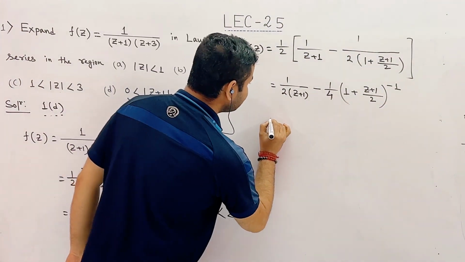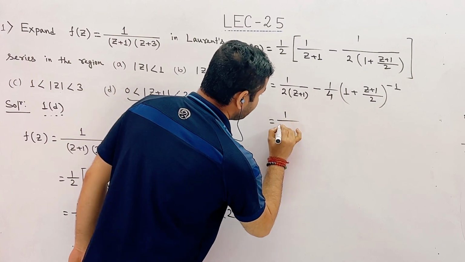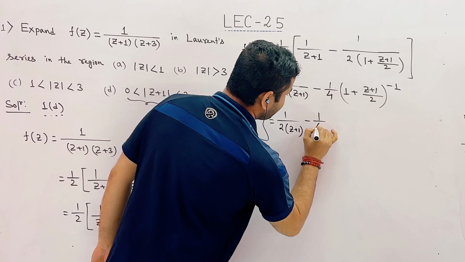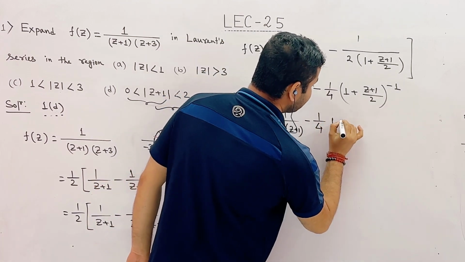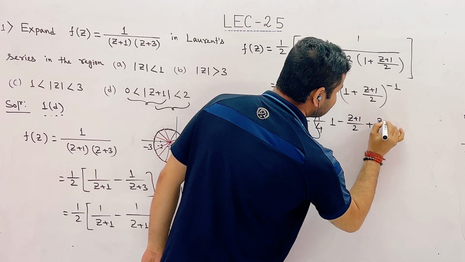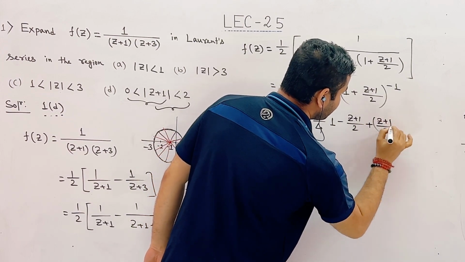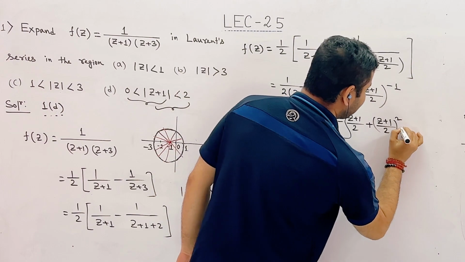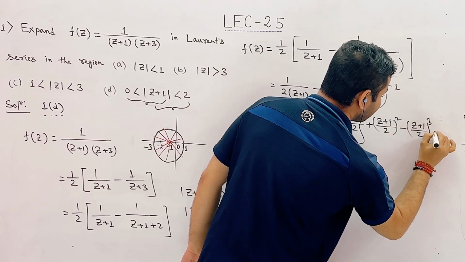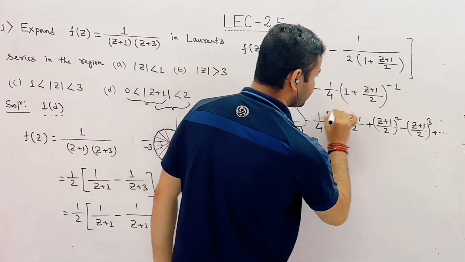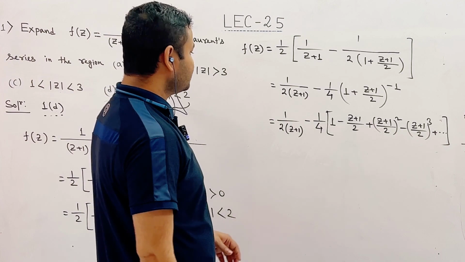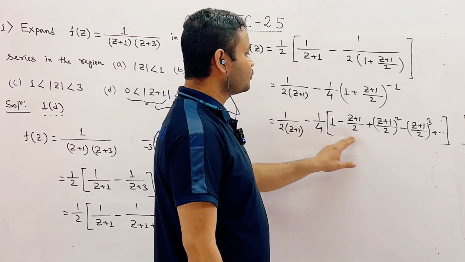Finally, we will get 1 by 2 into z plus 1 minus 1 by 4 into 1 minus z plus 1 divided by 2 plus z plus 1 divided by 2 whole square minus z plus 1 divided by 2 whole cube plus dot dot dot, bracket closed. Now, let us multiply 1 by 4 with this term.